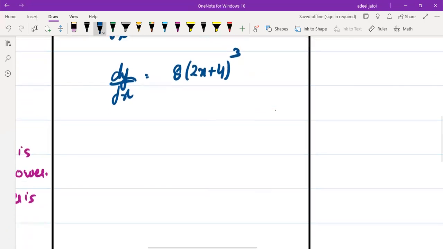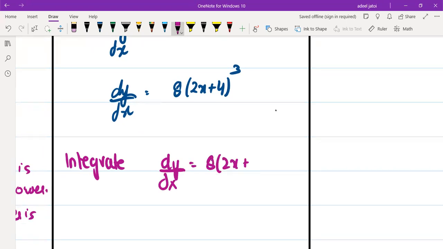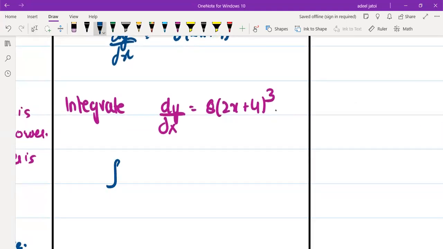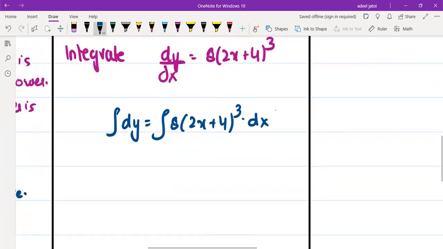So if we integrate this same question, that is dy/dx is equal to 8(2x + 4) to the power 3, we integrate dy, and integrate 8(2x + 4) to the power 3 dx. This means in the next step you will be integrating this.